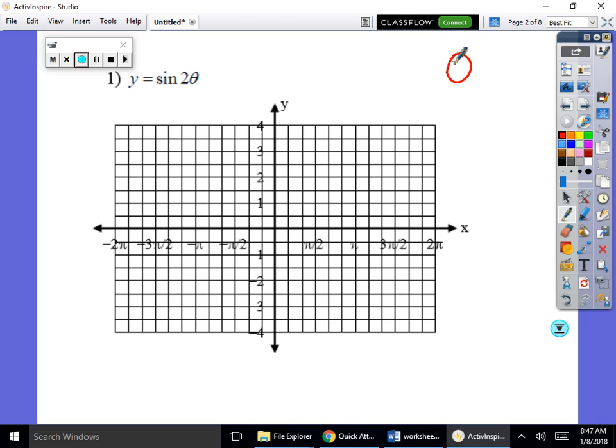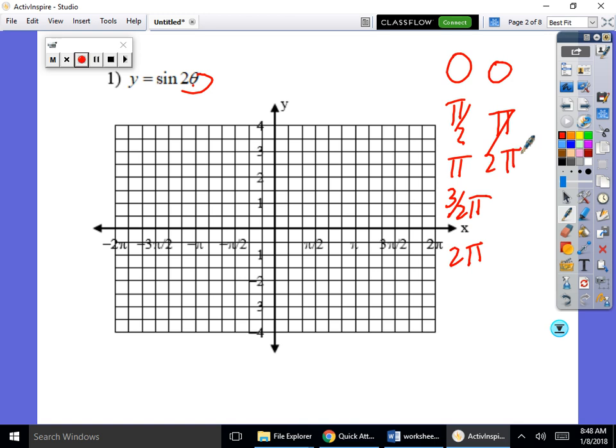If I did my basic 0, pi over 2, pi, 3 halves pi, 2 pi, it wants me to not multiply the answer, but multiply the angle by 2, right? 0 times 2 is 0. Pi over 2 times 2 is pi. 2 pi. 3 halves pi is 3 pi. And then 4 pi. Okay.